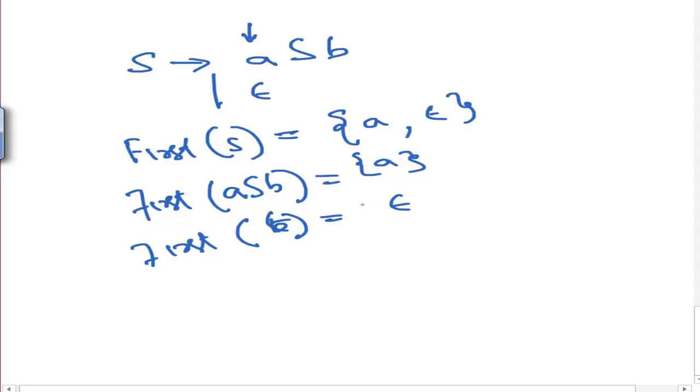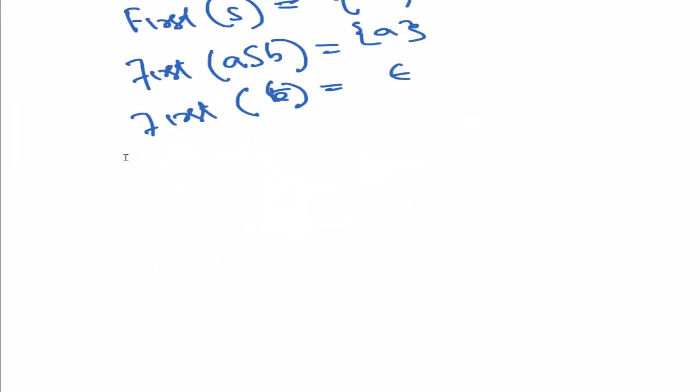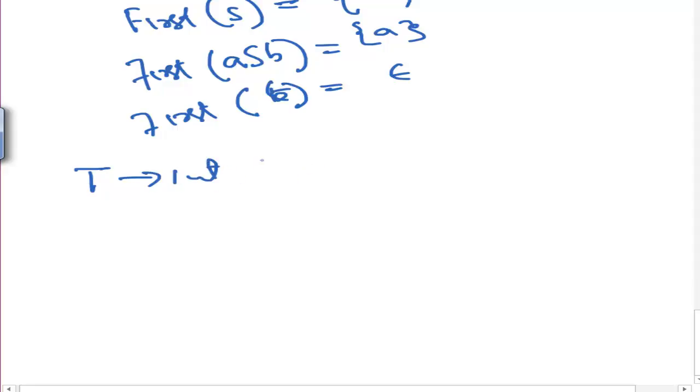Now if you have a grammar like this, T goes to int, or int times T, or this thing. Now what is the first of T?